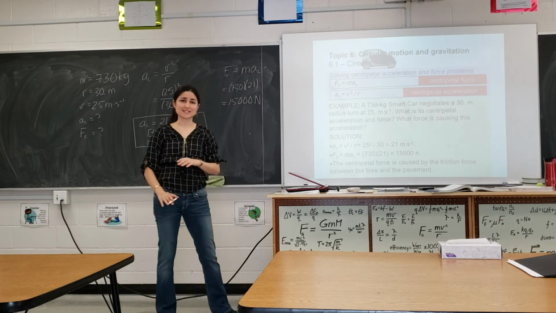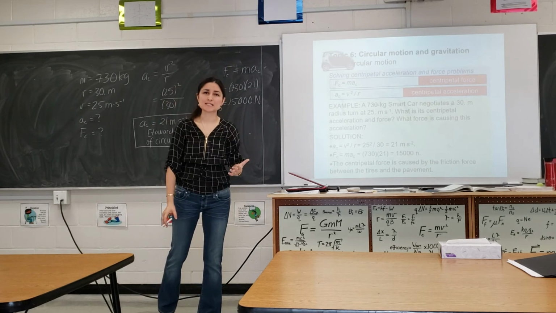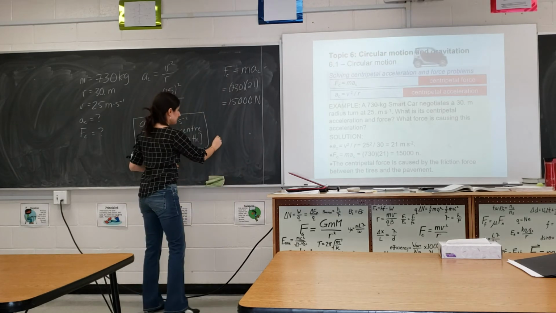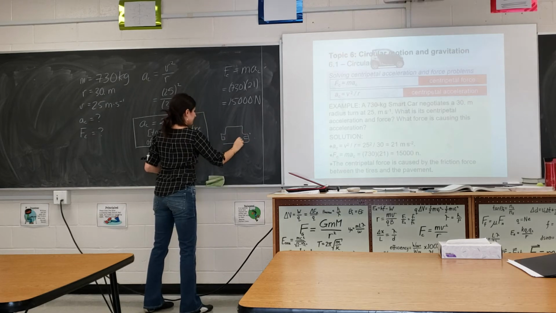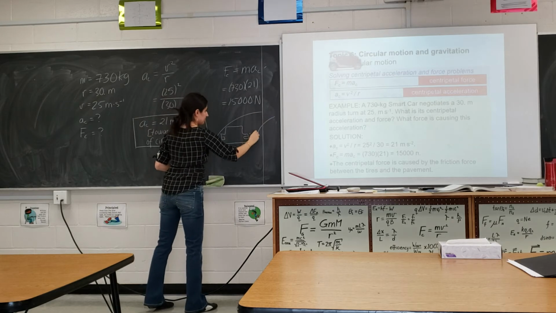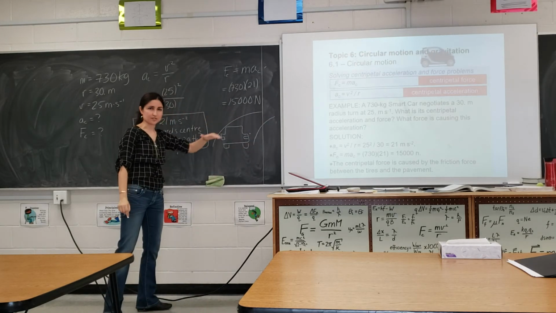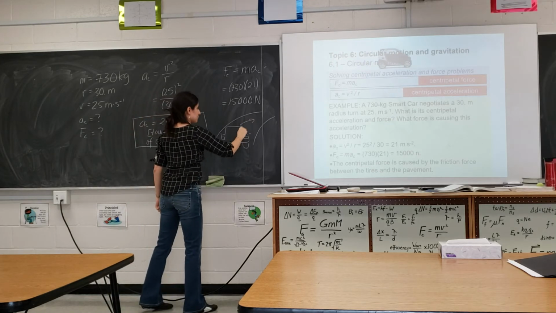What force is causing this acceleration? Well, if you're taking a turn, that's got to be static friction. So if you have a car going around a turn, clockwise, all right, around this turn, it's traveling like this.